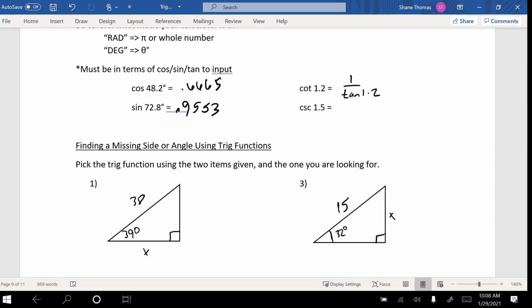Tell me what you get. 0.388. Yeah, I agree. Anybody else agree? You're still on the last one. I want to see you get the right answer. I want you to prove to me that you know how to use a calculator. Yeah, RAD equals, you're good. 1 divided by tangent of 1.2.